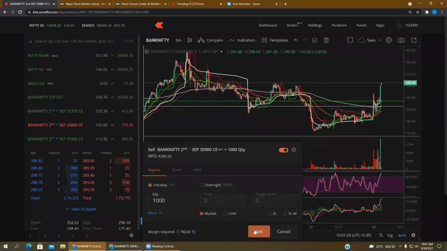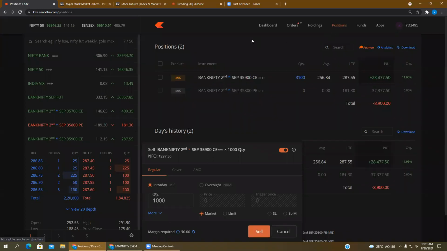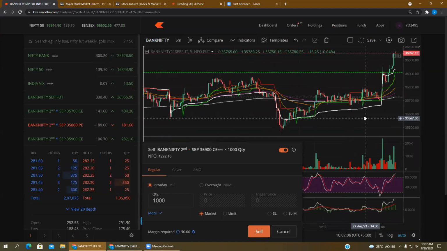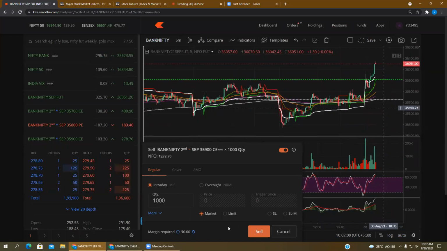So 90, 91. Still holding. Now, if it comes to 290, I will exit some quantity.